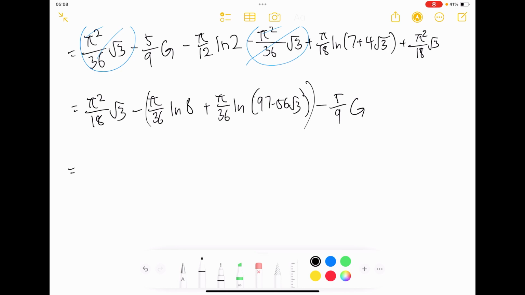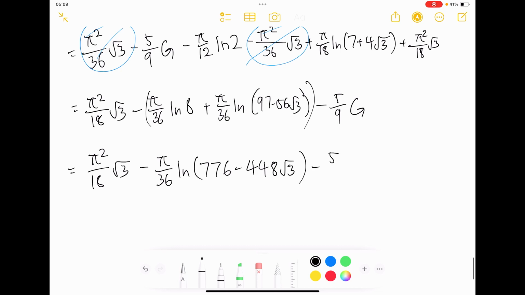So in the end, we're going to get pi squared divided by 18 times root 3 minus pi over 36 natural log 8 times 97 minus 56 root 3. 8 times 97 is 776. 8 times 56 is 448. Root 3 minus 5/9 Catalan's constant.